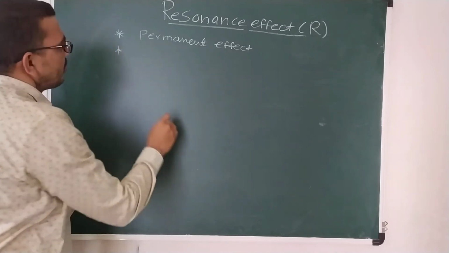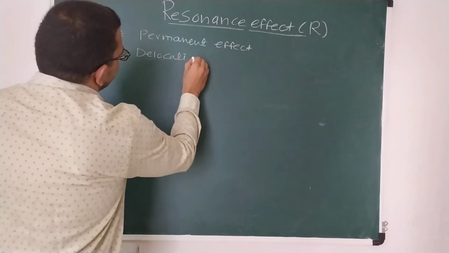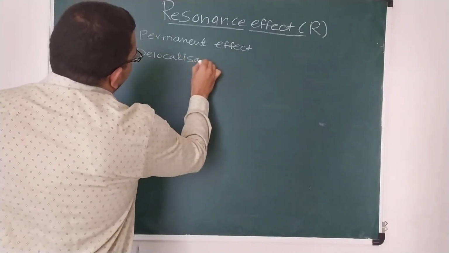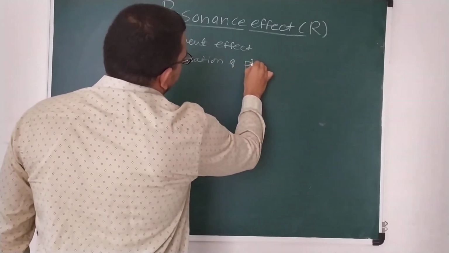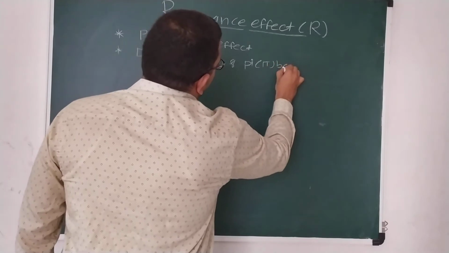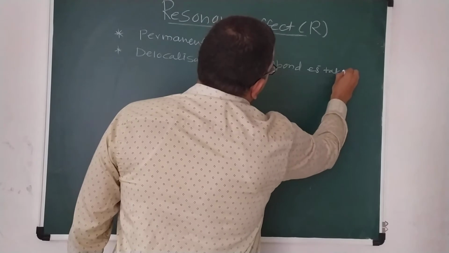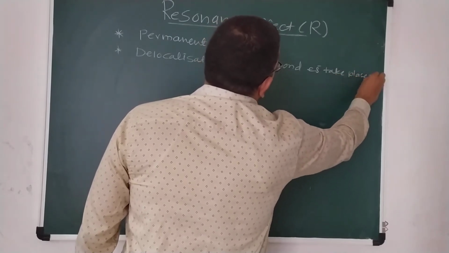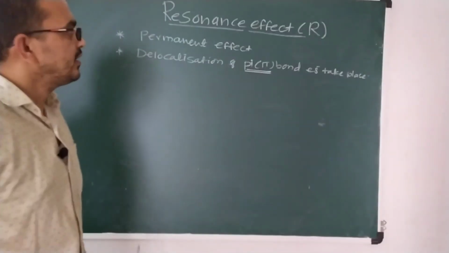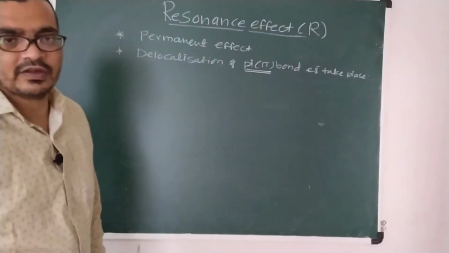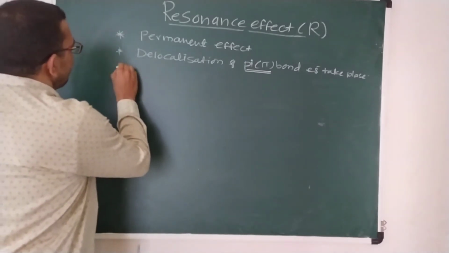Second, again an important point here: delocalization of pi bond electrons takes place. In the inductive effect we discussed the sigma bond, but now, very interesting, in the resonance effect the pi electrons are involved.